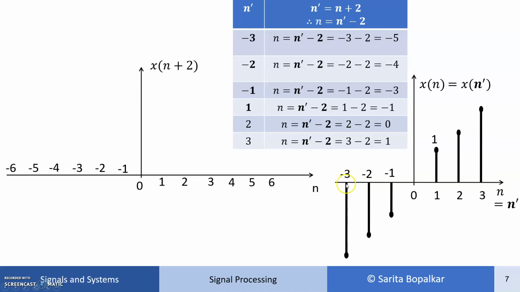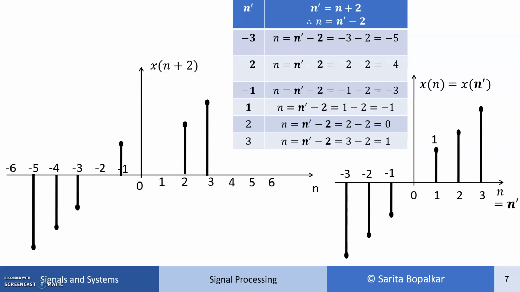Means what? This n dash is equal to minus 3 will get shifted by 2 time units, means minus 4, minus 5. And you can verify here. N dash is equal to minus 3 will get shifted towards n is equal to minus 5. So see how this original sequence gets shifted by 2 time units towards the left, 1 and 2, like this.